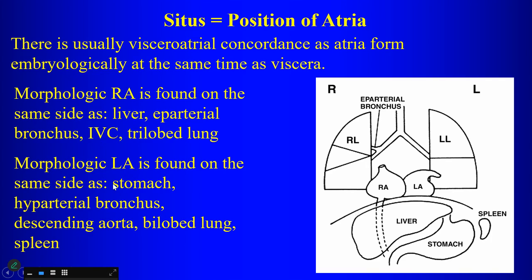The morphologic left atrium is found on the same side as the stomach, the hyparterial bronchus, the descending aorta, the bilobe lung, and the spleen. Of these, the most important organs for the right atrium, usually on the same side of the body, are the liver and the trilobe lung. For the left atrium, usually on the same side of the body as the bilobe lung and the spleen. Okay?